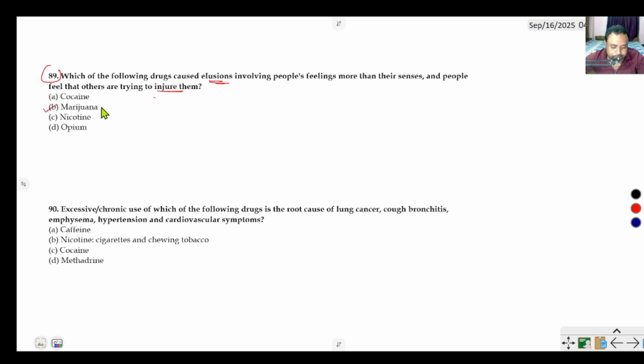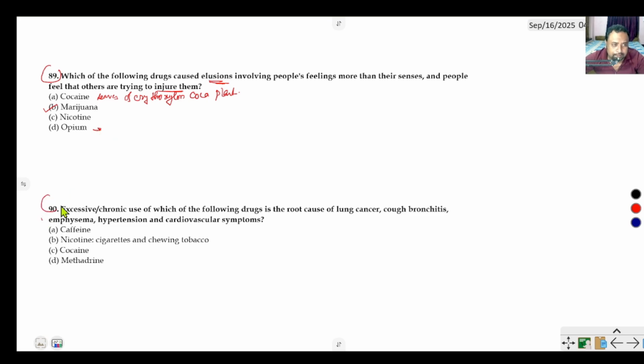Cocaine is from the leaves of the Erythroxylon coca plant. Nicotiana tabacum, tobacco plant. Opium, poppy plant.